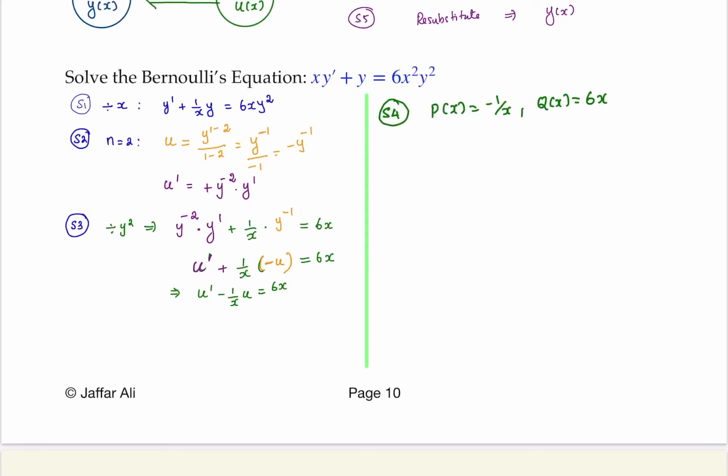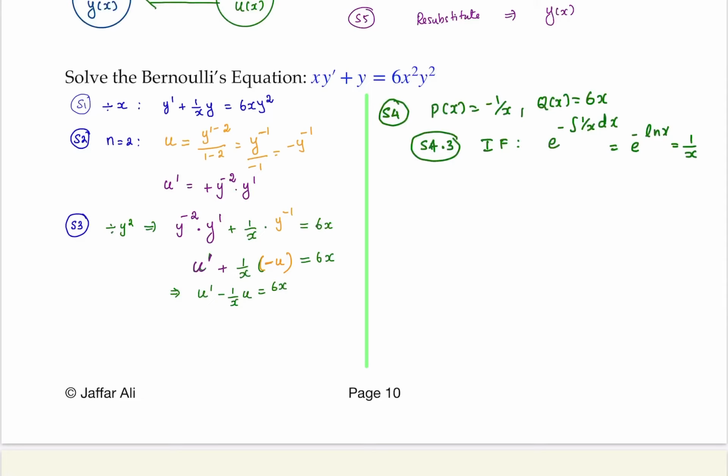No problem. So I'm going to use the previous method. Step 1, I'm going to call this step 4.3. So here the integrating factor is going to be e to the negative integral of 1 over x dx, which is going to be e to the negative ln of x, which is going to be 1 over x. No problem.